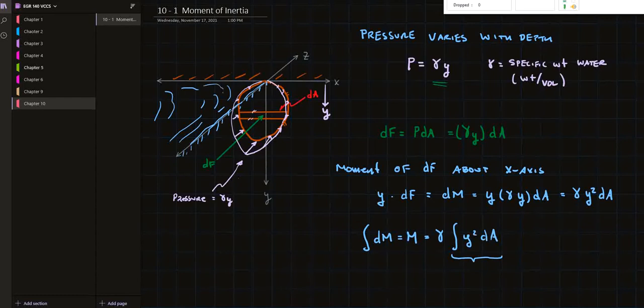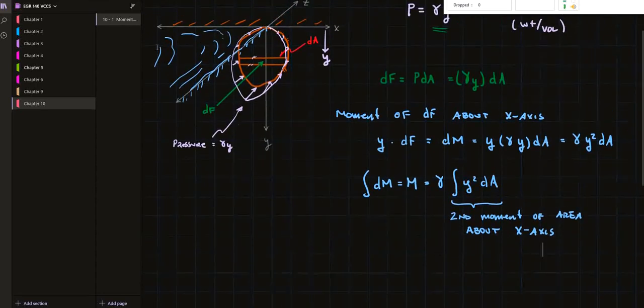Well, this integral here we can call the second moment of area. You might hear it called this in your other science classes. The second moment of the area about the x-axis, the way I have it, is the integral of y squared dA, based on what I have drawn up there.